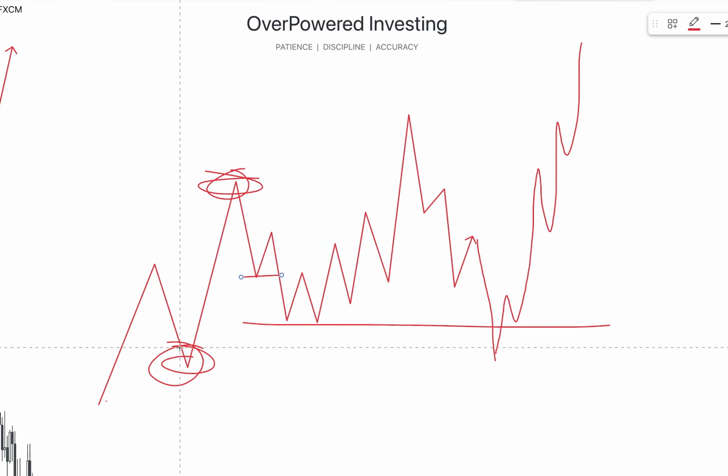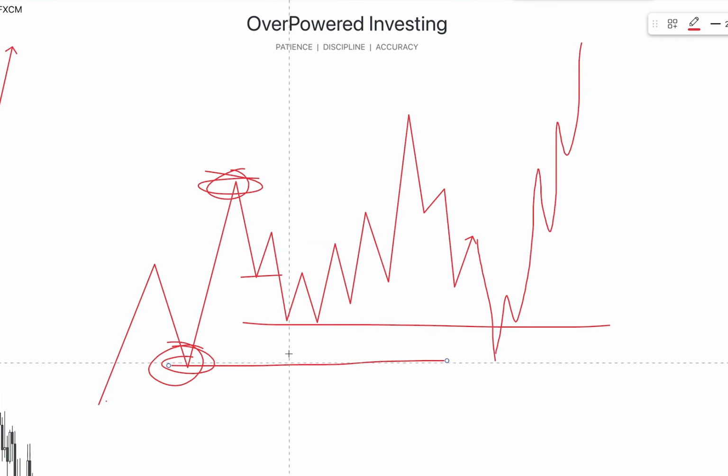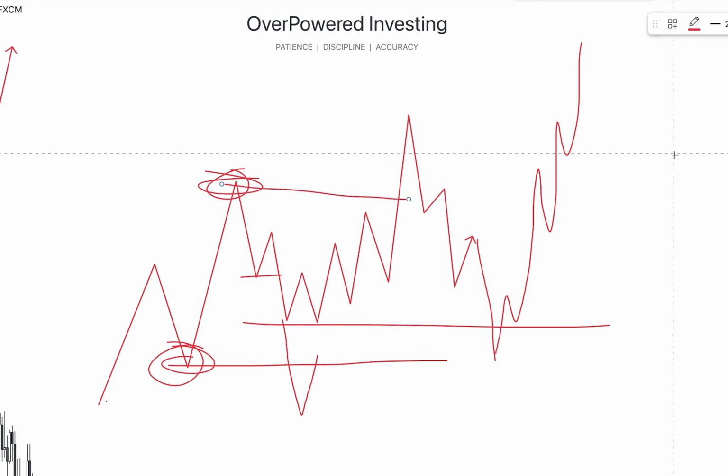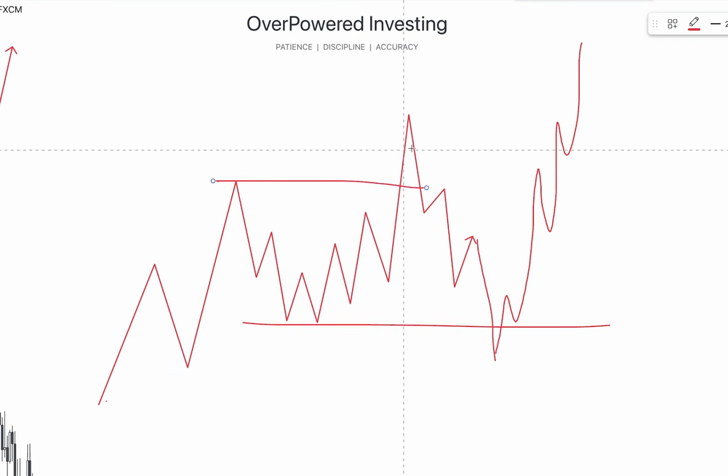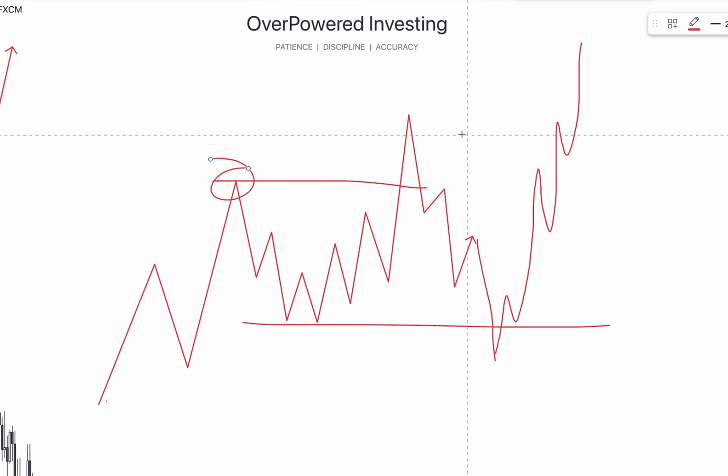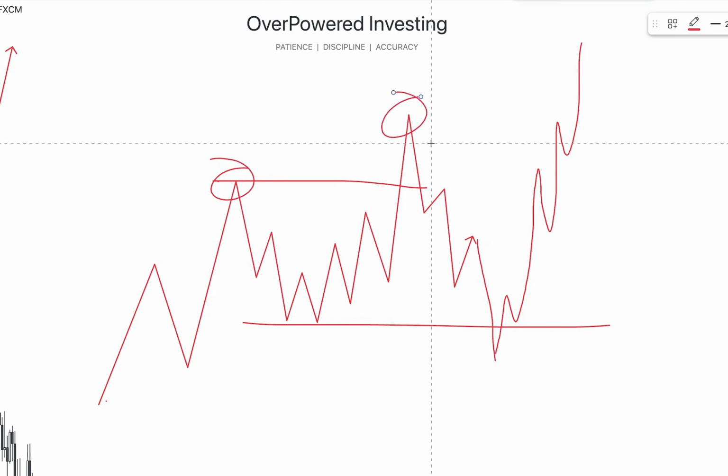But if price goes below this level and closes below it with a full body candle, only then can we say that the price is turning around, like the bullish market structure is turning into a bearish market structure. Or, for example, over here, only when price goes and closes above this major high, only then can we say that we have a new market structure.